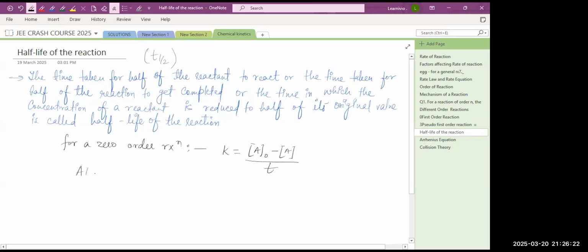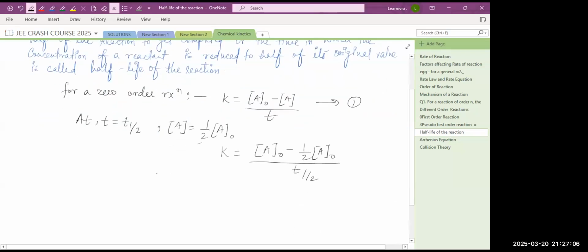And we suppose that at T equals T half, the concentration becomes half. So just substitute this value in the rate equation. What will you get? K will be equal to A naught minus half of A naught upon T half, because T is equal to T half, the half-life.